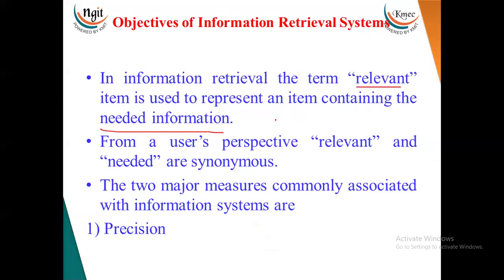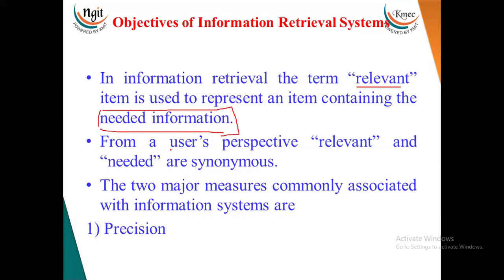So cats data is irrelevant to dogs. But sometimes when you describe a cat or a dog, both will have four legs and two ears, so both are relevant to each other. But sometimes irrelevant information also comes. So relevant means the exact information needed by you.